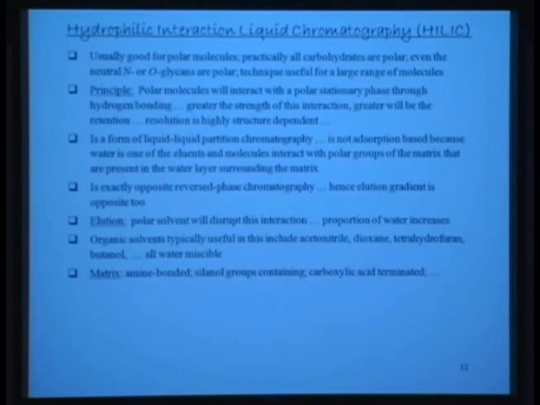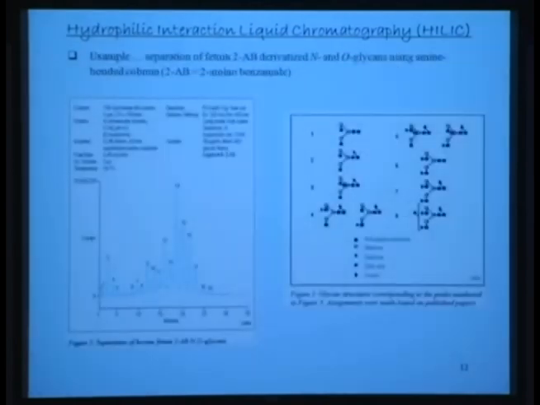All right, let's skip this. We already did quite a bit. And this is a sample of hydrophilic interaction technique, N and O glycans, using a column meant for hydrophilic interaction. 2AB is 2-aminobenzamide, labeling at the carboxy terminus.